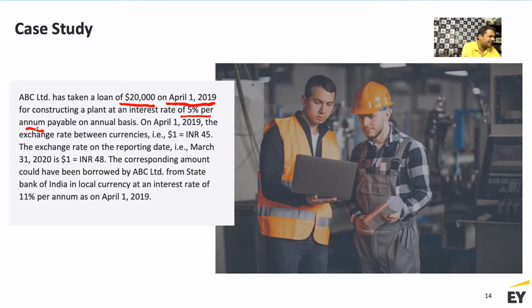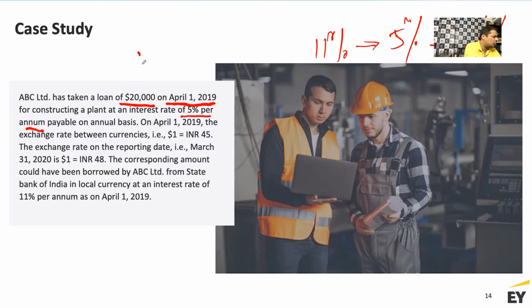So how much am I saving here? 11%, which would have been the rate of interest if I had borrowed in local currency, versus 5% that I am paying. So my saving on interest expense is 6%, but this has resulted in me being exposed to currency risk.